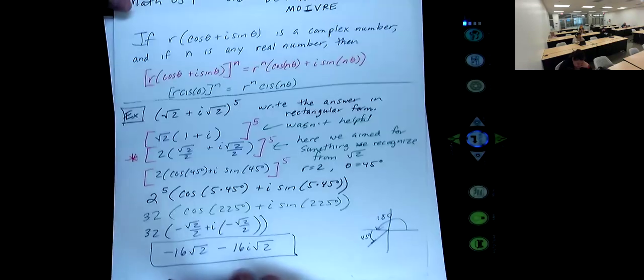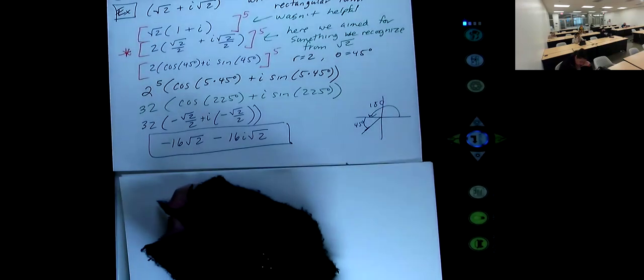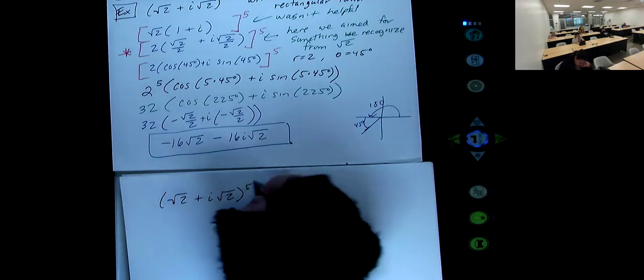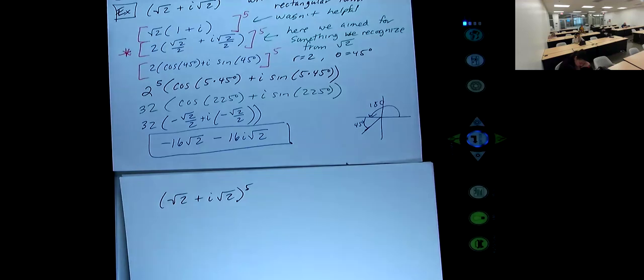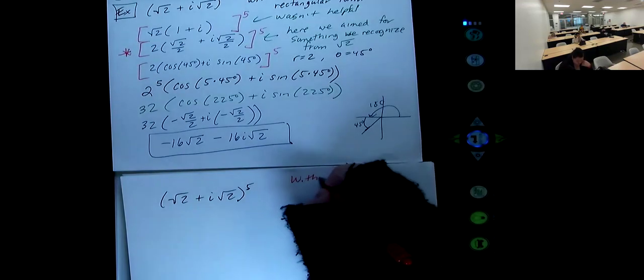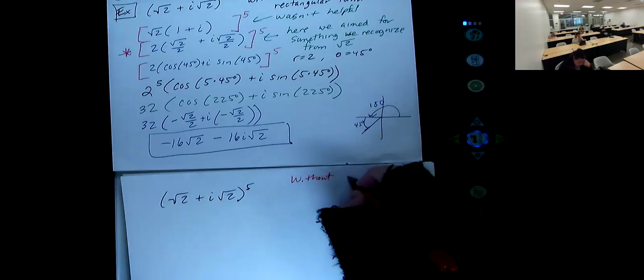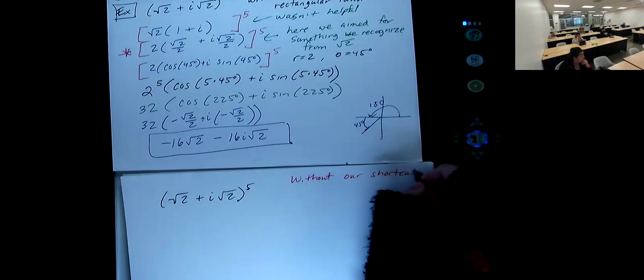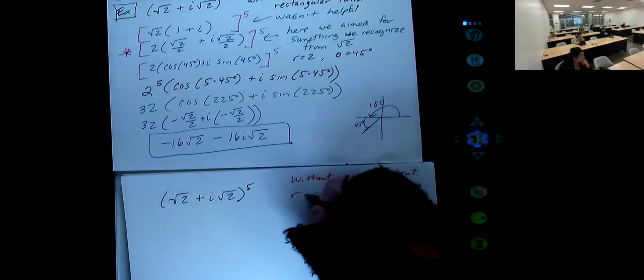So let's go back to the same thing, √2 plus I√2. If you don't recognize the shortcut, we need to find R and we need to find theta.